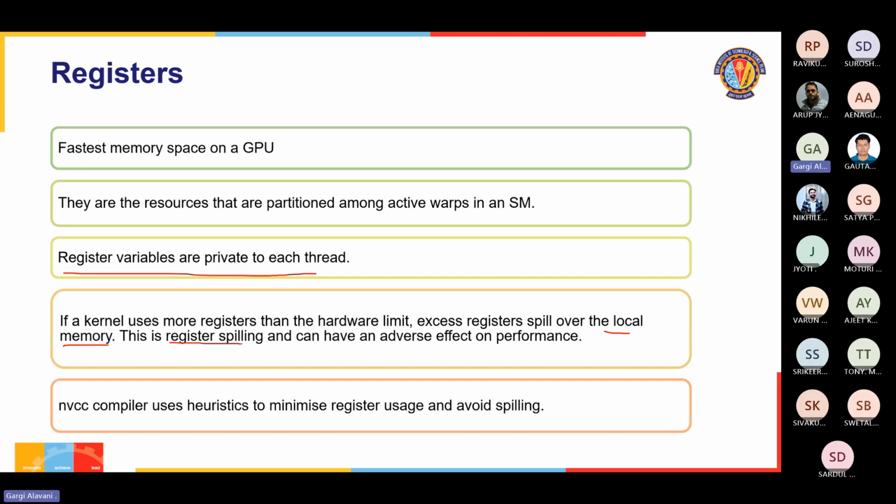This is known as register spilling. But this can have an adverse effect on performance, since the thread uses more local memory when it does not have enough registers. So NVCC understands and uses heuristics to avoid this spilling as well.